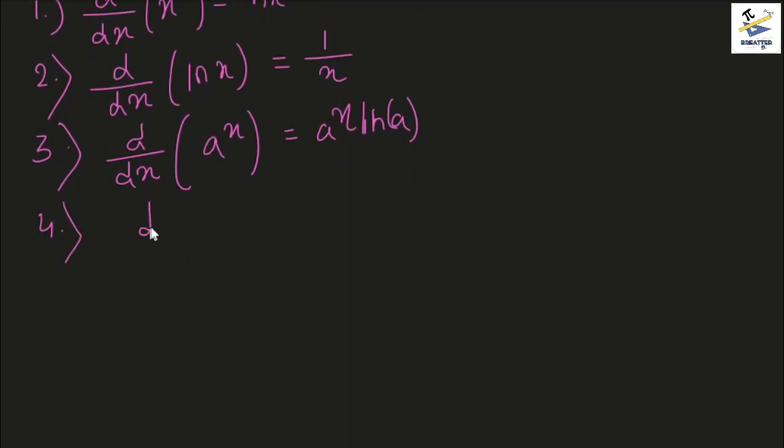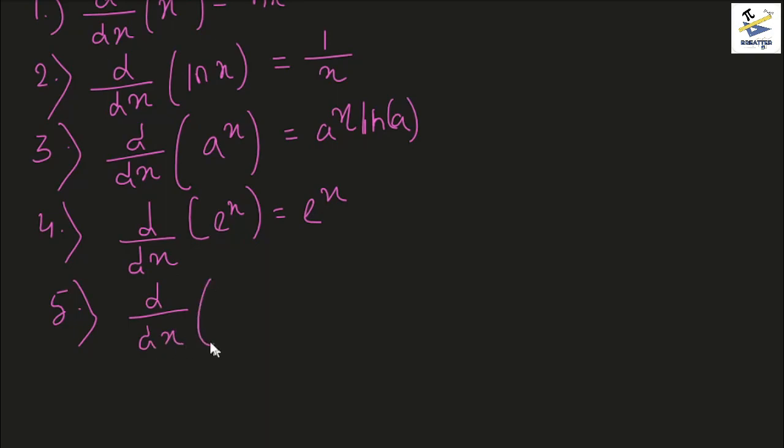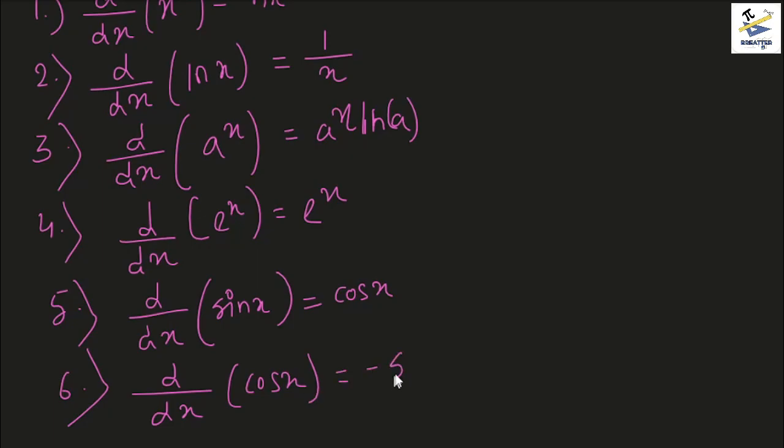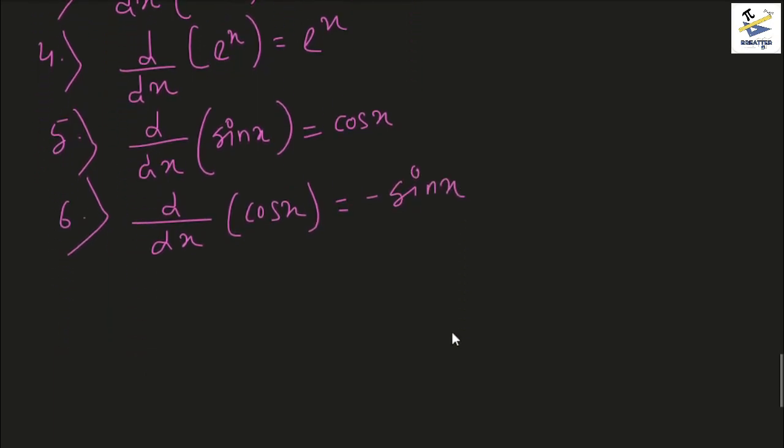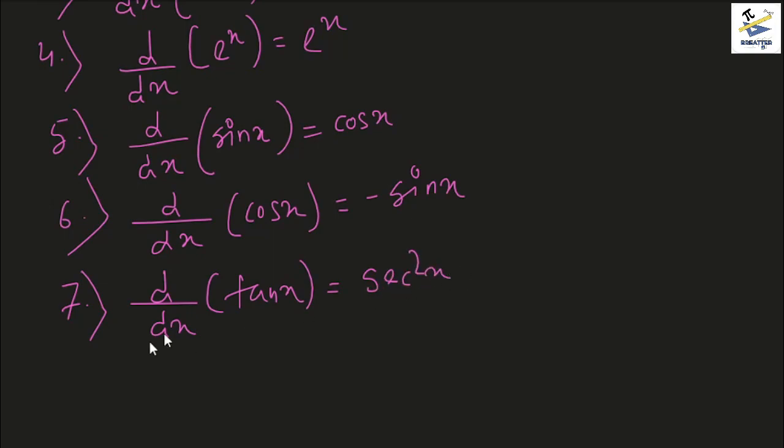Number 4 is a to the power x. Number 5. Number 6. d dx of tan x is equal to sec square x.